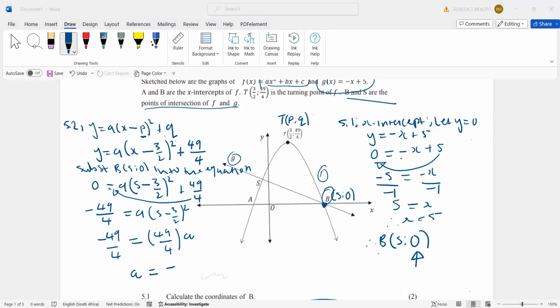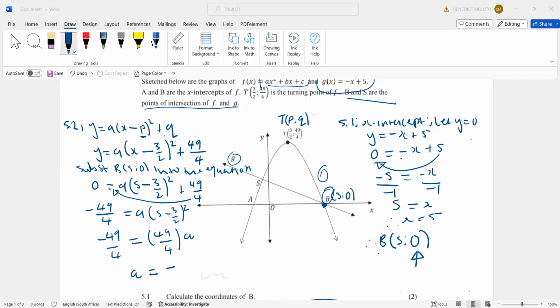Negative 49 over 4 divided by 49 over 4.